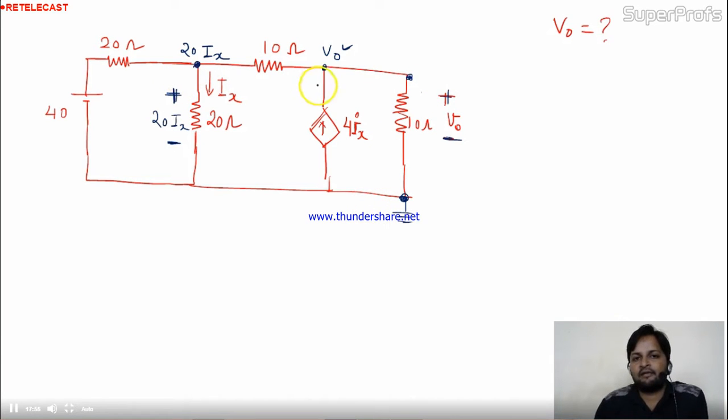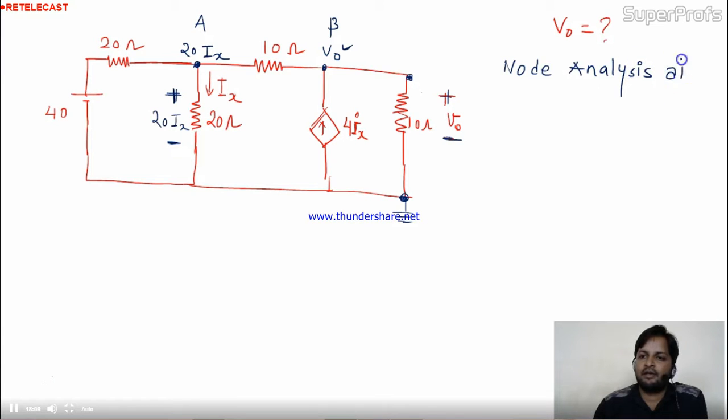Now see, we are having two nodes. We can apply KCL. First apply the KCL at node A. Suppose we are having A and B. So node analysis at A. What is the voltage? 20 Ix. This is the voltage here, minus 40, divided by 20.